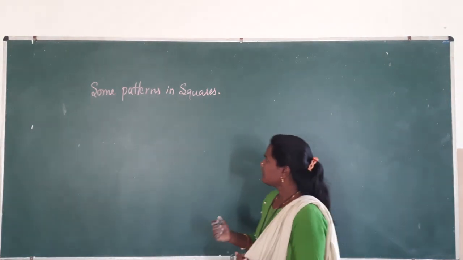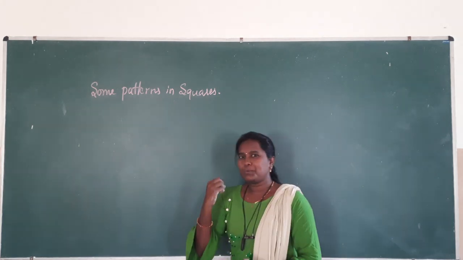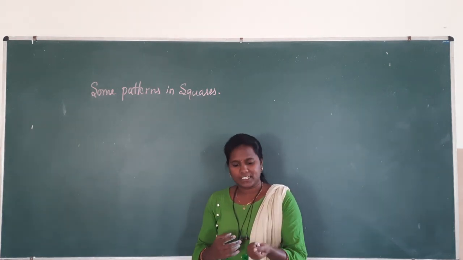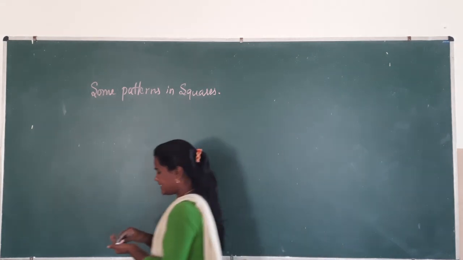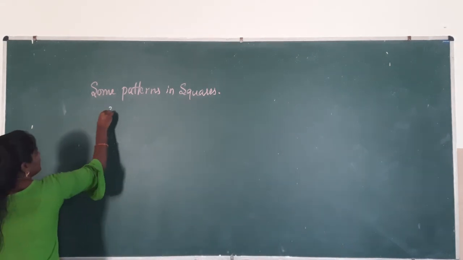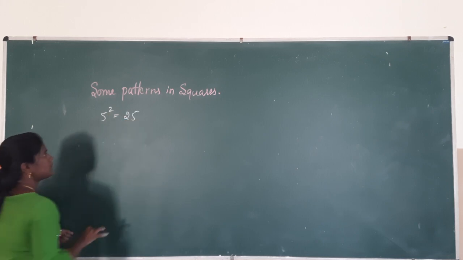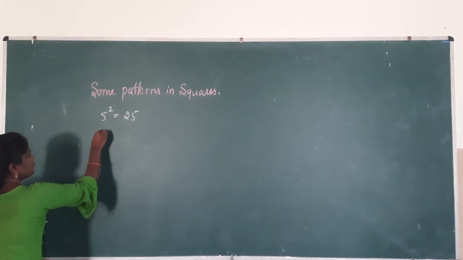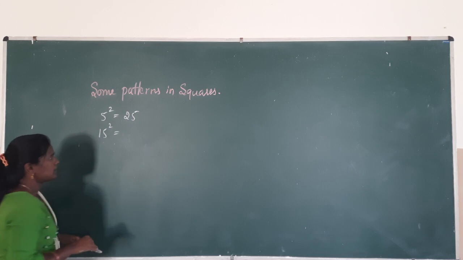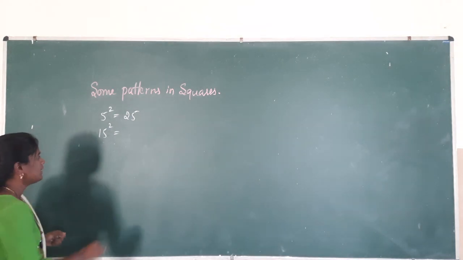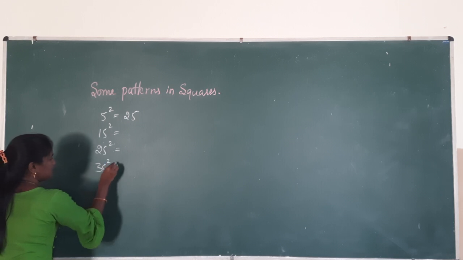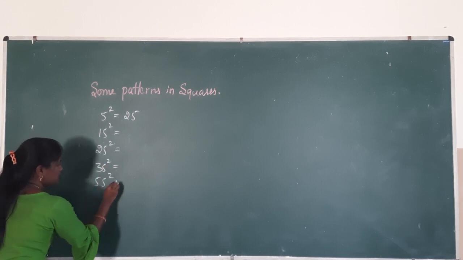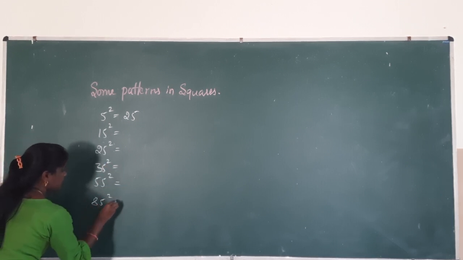Now, there is one more easier trick to find the square of a number ending with 5. See, 5 square is 25. Let us think that we don't know the answer for 15 square, and let us find 25 square, 35 square, 55 square, and 85 square.